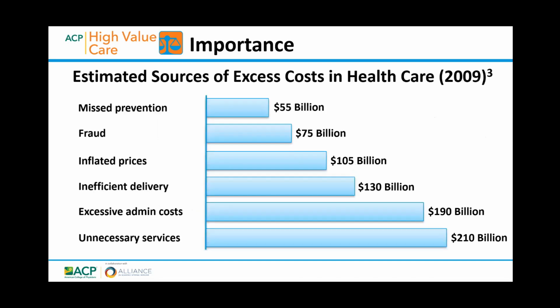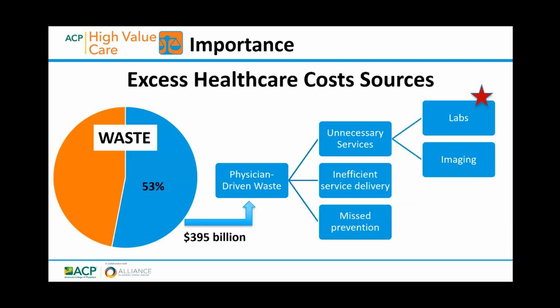And where do we see our sources of excess costs in healthcare? They're in the areas of misprevention, fraud, inflated prices, inefficient delivery, excess admin costs, unnecessary services. We could spend time thinking about examples of each of these, but I'm sure many things come to mind.